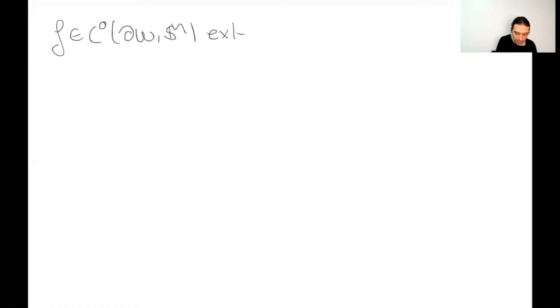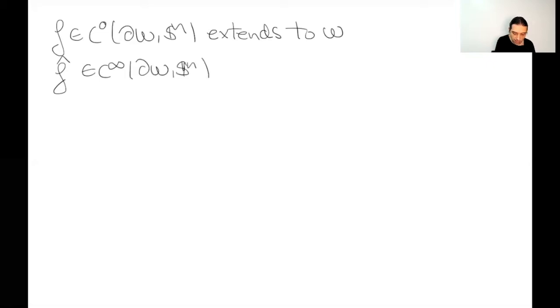So we have f, suppose that we have a continuous map from the boundary of W to the sphere that extends to W. Okay, in that case, we can consider f hat, which is a C-infinity map because of the density of C-infinity maps, that is homotopic to f.